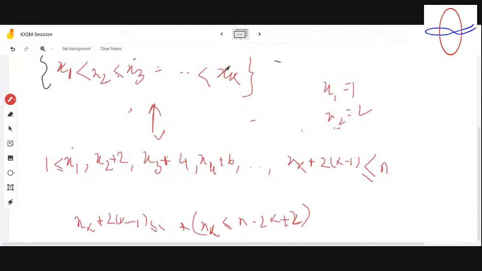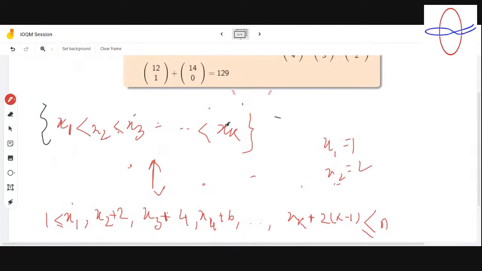What is beautiful here is that you can get a bijection between a spacey subset and a set we are choosing out of elements that are less than or equal to n minus 2k plus 2.